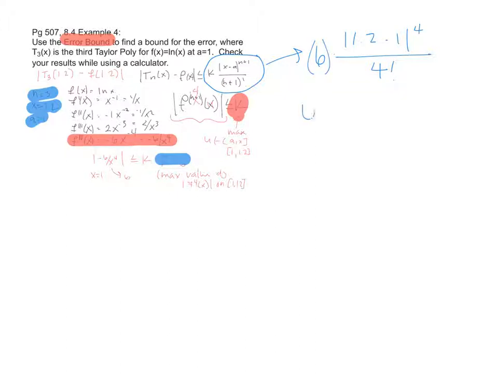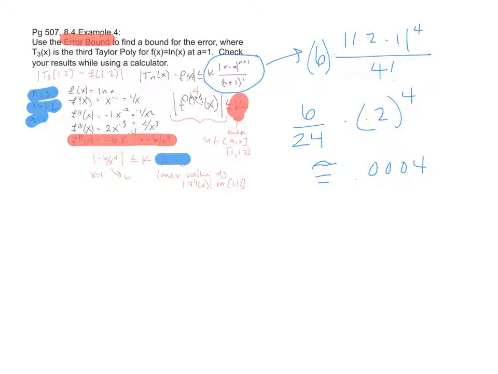So that's 6 over 4 times 3 is 12, times 2 is 24, times 0.2 to the 4th. And that is approximately equal to 0.0004 according to the textbook. I'm going to check that. All right, I checked it, and that matches.